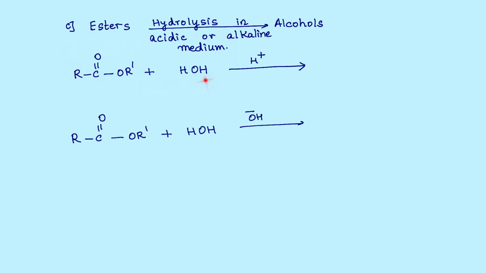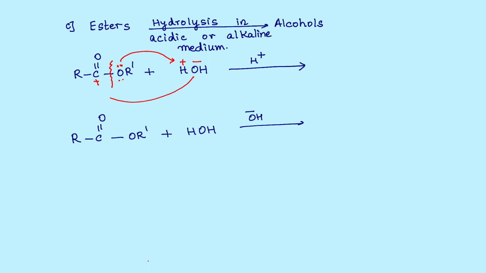This ester on hydrolysis in an acidic medium, what will happen here? It will break down here, H positive, OH negative. So there is a positive, there is a negative. So what will happen? Positive goes to negative and negative goes to positive. Remember the electrons, correct? So plus and a minus, minus and a plus.